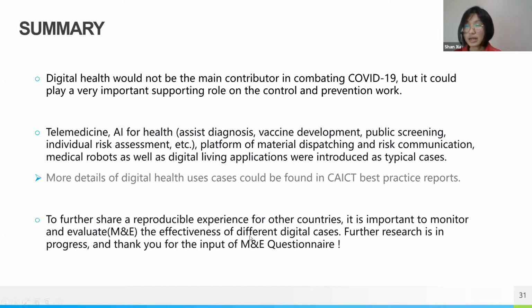This is the summary page. First, digital health will not be the main contributor in combating the coronavirus, but it can play a very important supporting role in control and prevention work.